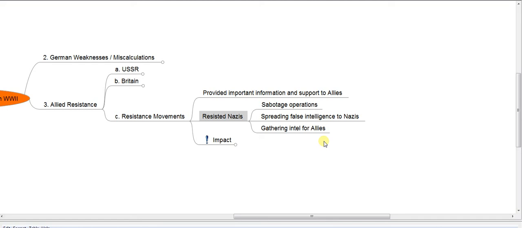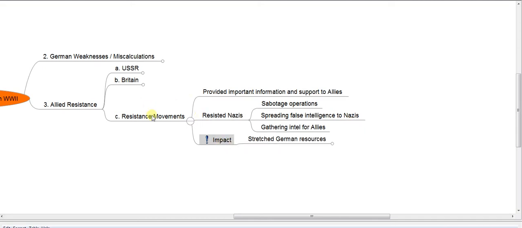They also launched sabotage operations against the Nazis. For example, they would launch ambushes, plant bombs in certain bases and production plants, and spread false intelligence to the Nazis. So they gave the Allies good intelligence, but spread false intelligence to the Nazis to mislead them, make them go the wrong way and plan wrongly, and this was disastrous for the Nazi war effort.